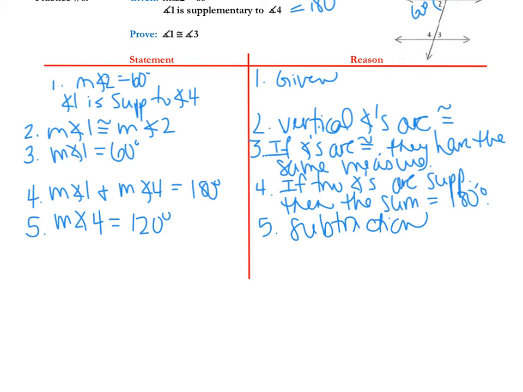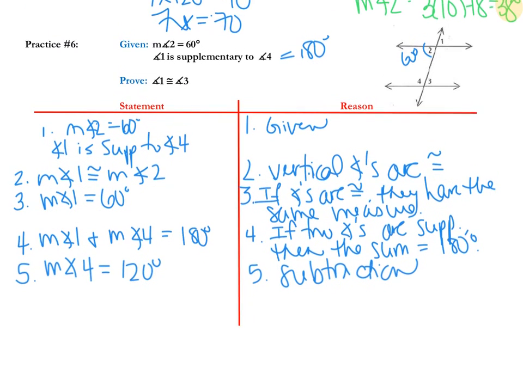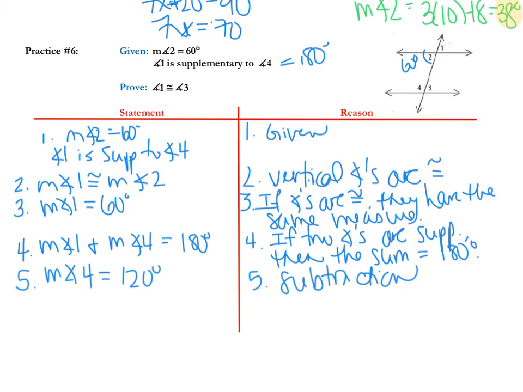Okay, so I'm going to go back up to my diagram now and mark what I've proven. So I've proven that measure of angle 1 is 60 degrees. I've proven that measure of angle 4 is 120 degrees.